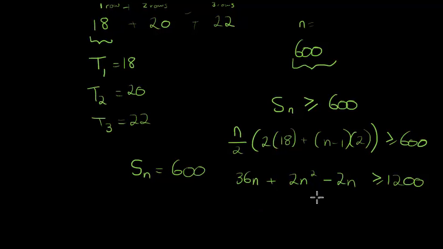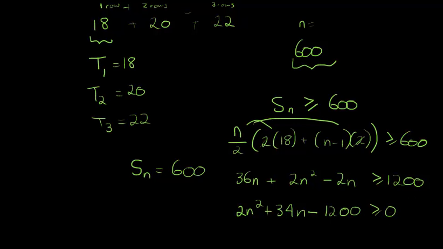It wasn't necessary to multiply by 2, because if I just multiplied it in, the 2's would have cancelled. But let's just do it now. I've got 2n squared, 36 minus 2 is 34n, minus 1200 is greater or equal to 0.